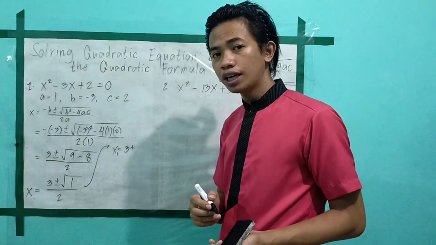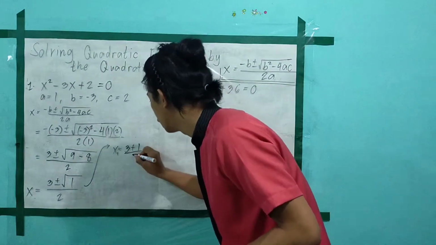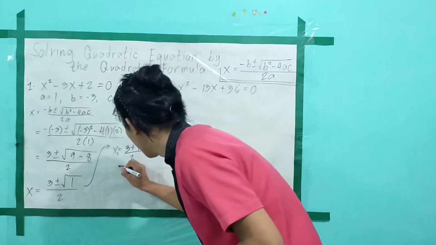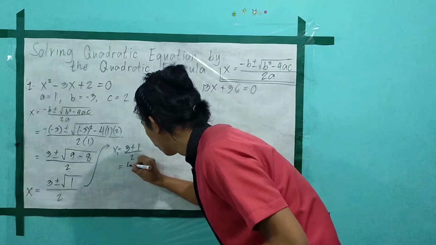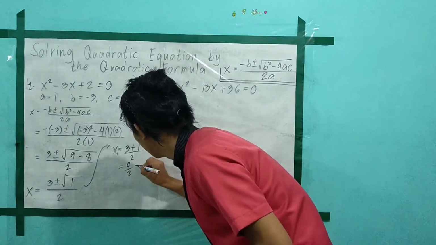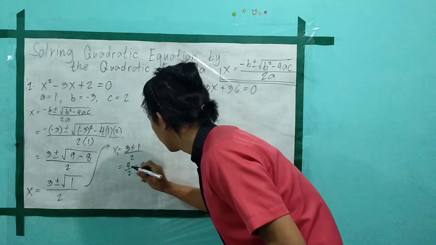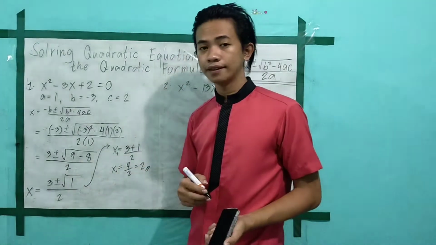What is the square root of 1? We have 1 all over 2. Okay, so we have 3 plus 1 is equal to 4 over 2. Then it is equal to 4 divided by 2, we have 2. So, ang ating x sub 1 is equal to 2.